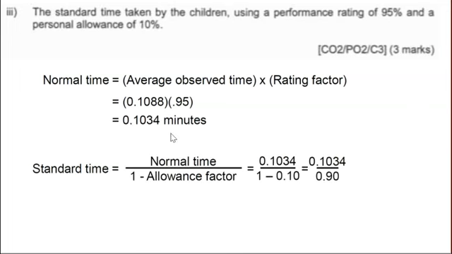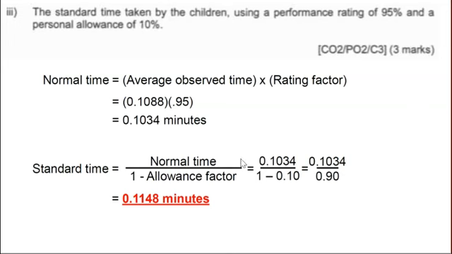Then we convert to standard time, so the normal time is 0.1034 minutes. The allowance given is 10%, so 1 minus 0.10. So we are going to get 0.1148 minutes. So we have two answers.